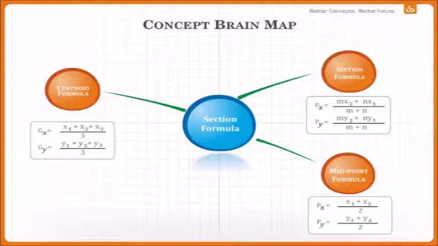If A x1 y1, B x2 y2 and C x3 y3 are the vertices of a triangle ABC and G x, y is the centroid of the triangle, then the coordinates of the point G will be x1 plus x2 plus x3 upon 3 and y1 plus y2 plus y3 upon 3. This is the centroid formula.